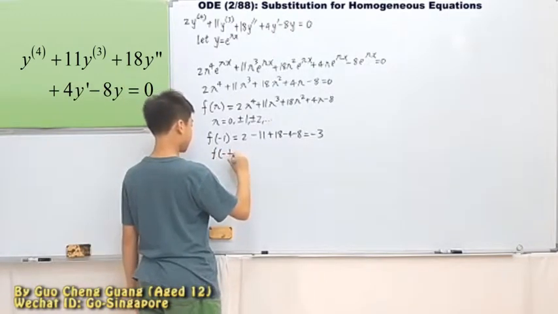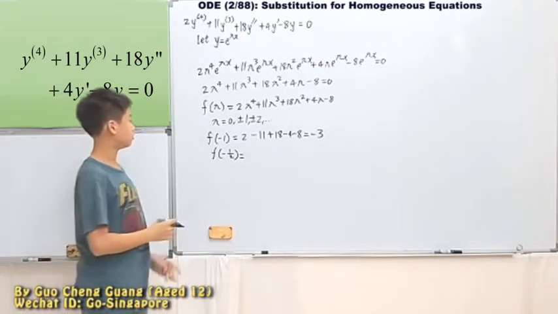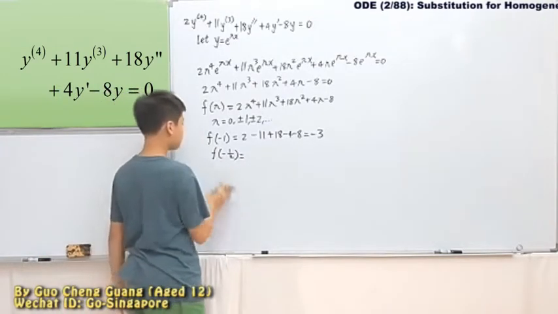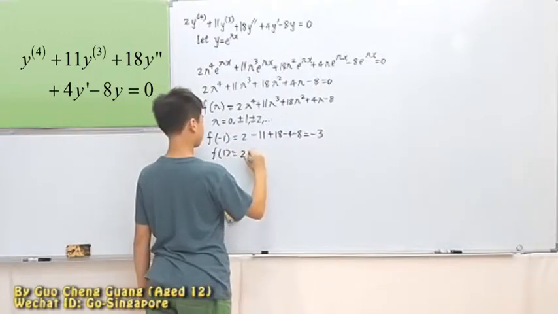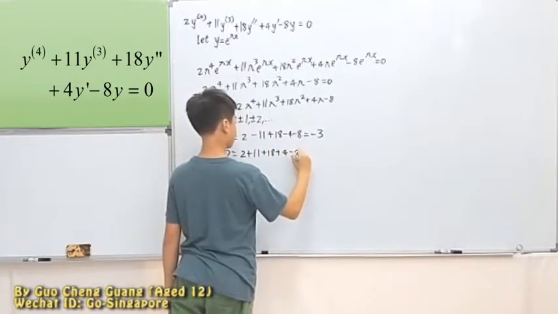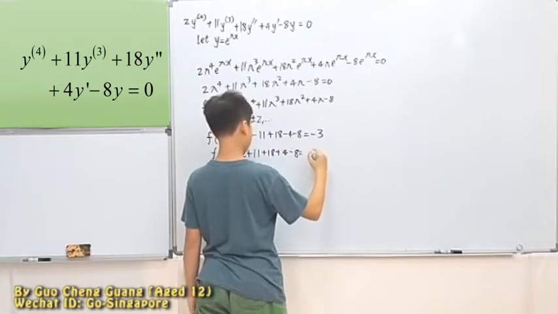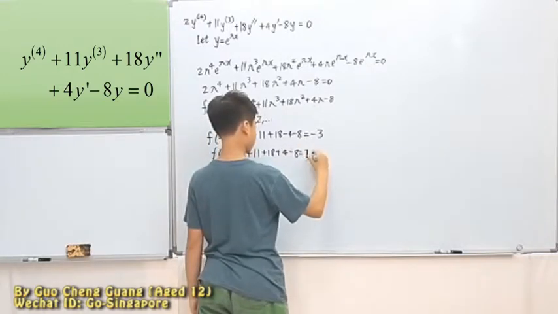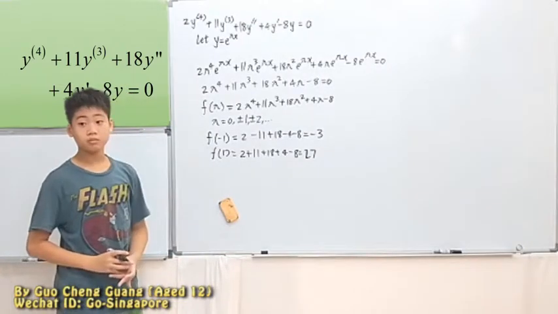Or if we try -12? But let me just tell you, if this is 1, then what you get is 27.